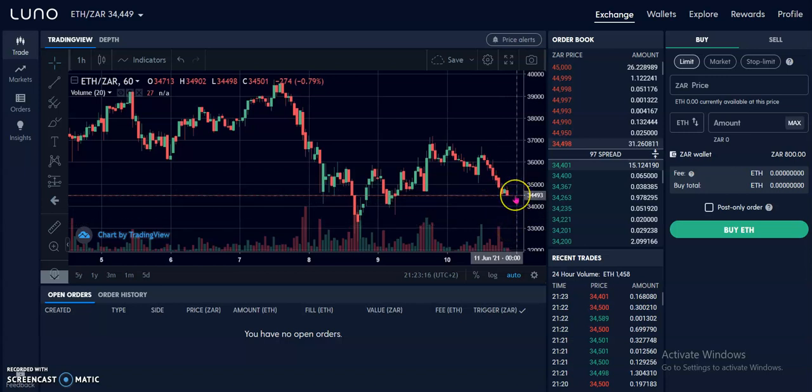Currently the price is sitting at around 34,500 rands.